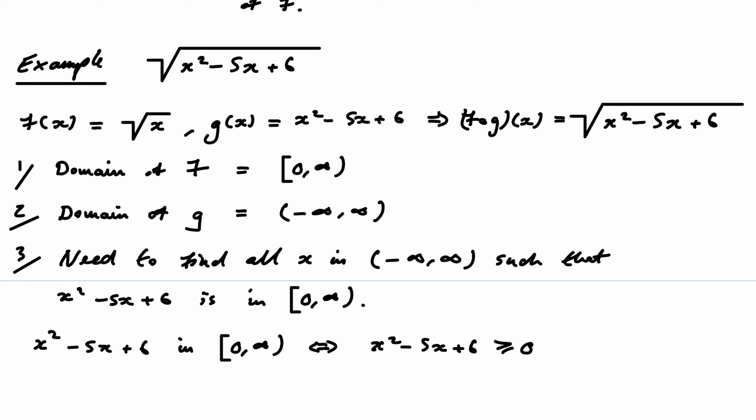So the moment we have this, we can see we have a very standard problem in front of us. We need to work out when a function is positive, right? So this is going to be a situation where we have to do sign analysis. So must do sign analysis.